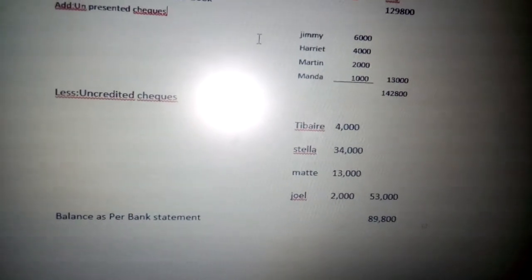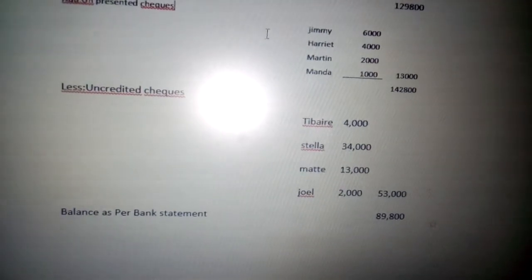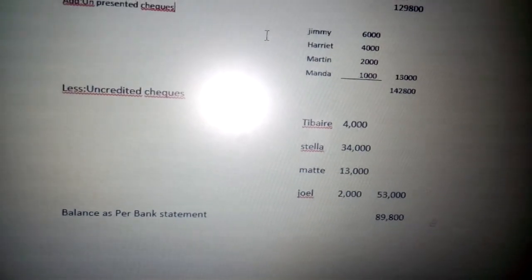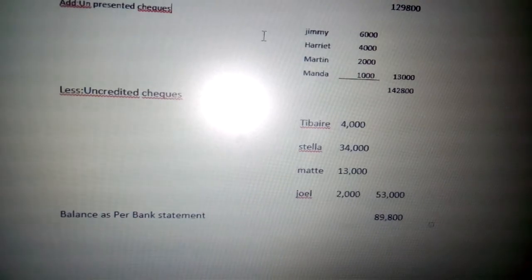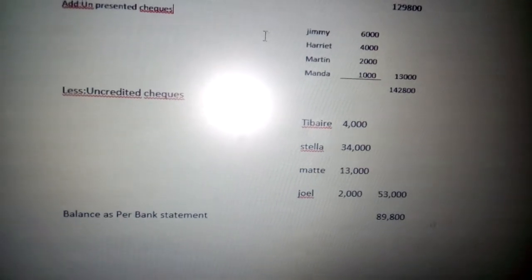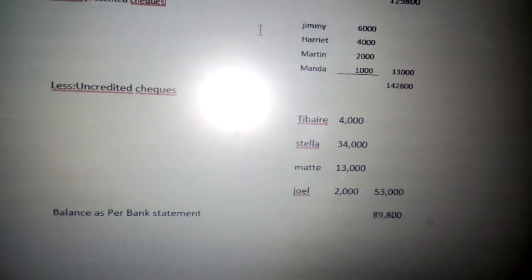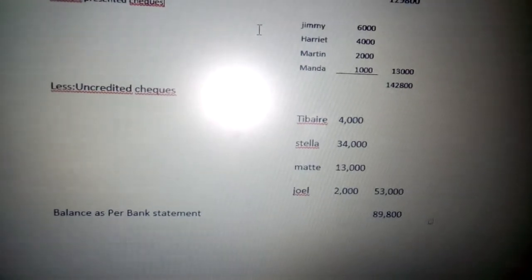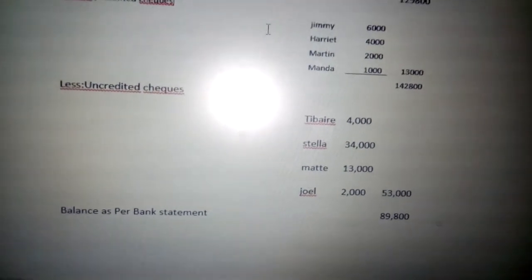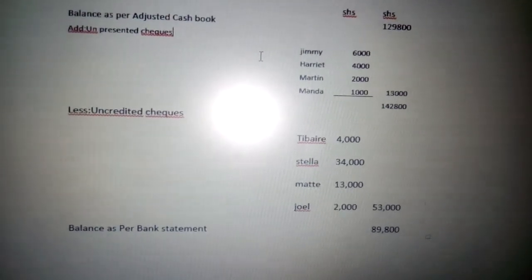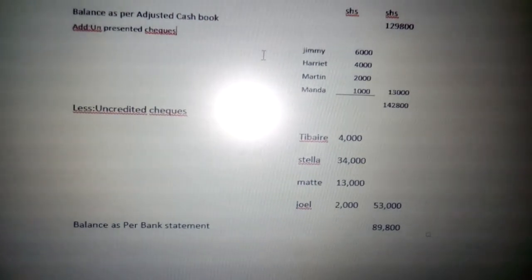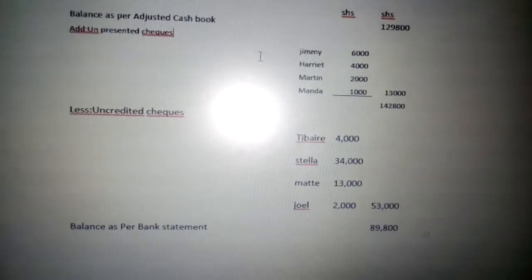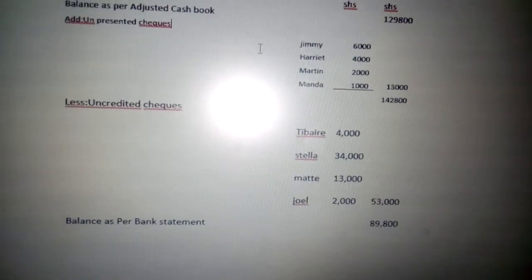So when you check on the debit side of our original cash book, you'll find a check from Tibeire of 4,000, then Stella 34,000, Martin 13,000, and then Joel 2,000. Yeah, they are reflecting on the debit side of the cash book, but are not yet on the banker statement. So the total of this is 53,000.